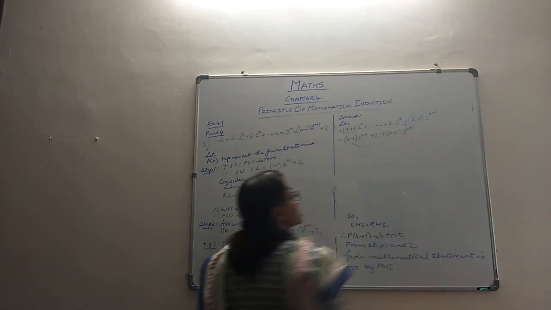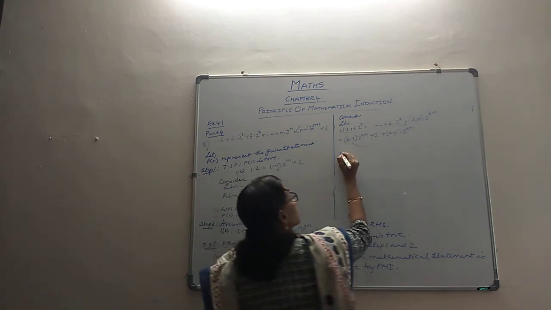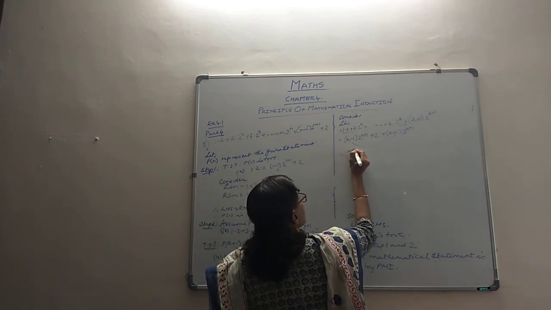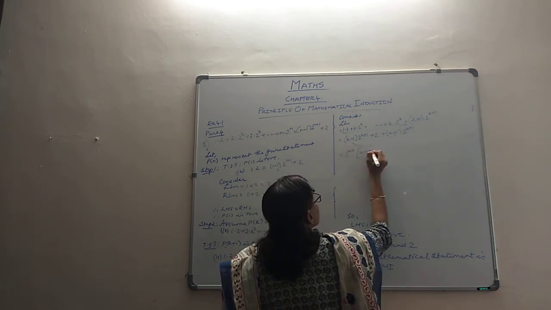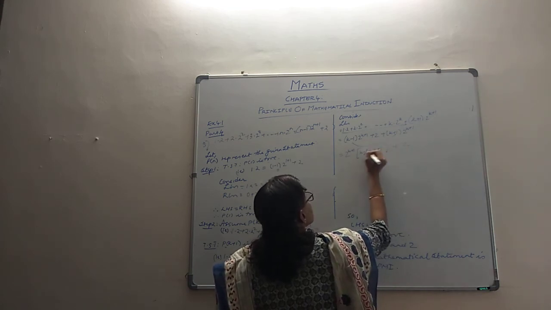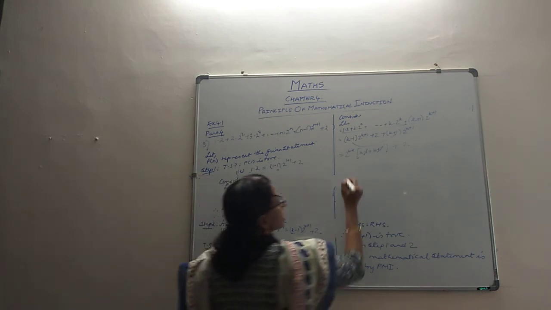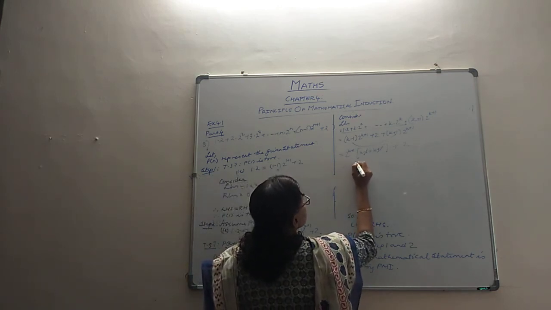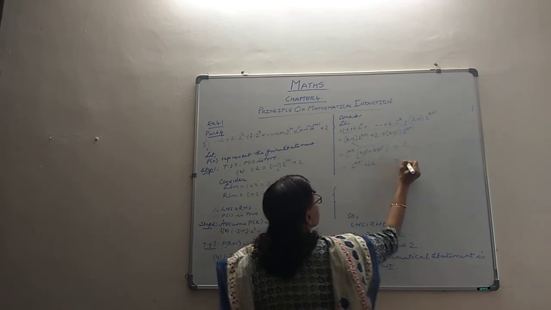So what happens? These both are like terms, so we can club them together. When we club them together, 2 raised to k plus 1 is common, so it goes out. What remains here? k minus 1. What remains here? k plus 1. What happens as a result? The plus 1 and minus 1 cancel each other, and we are left with 2 raised to k plus 1 into 2k. k plus k, it's 2k plus 2.